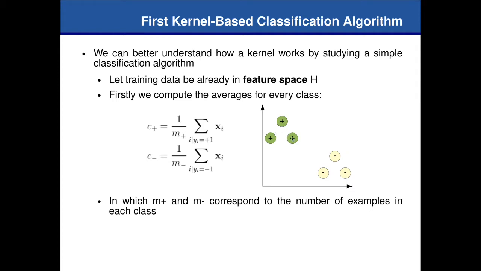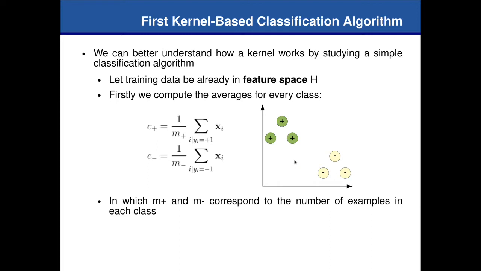So at first, we have to come up with 2 vectors, a positive central vector C plus and a negative central vector C minus. C plus is going to be a position vector exactly in the average of those positive points over here, and C minus will be a position vector exactly in the average of the negative points we have in our space.